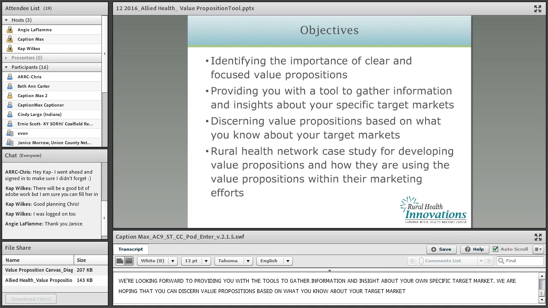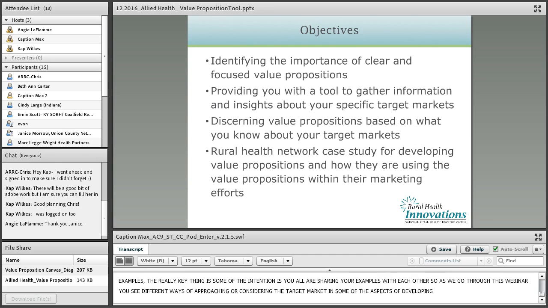And we'll spend some time throughout the presentation bringing in Rural Health Network case study examples, but really key is that you all are sharing your examples with each other so that as we go through this webinar, you see different ways of approaching or considering your target markets and some of the aspects of developing a value proposition that we'll be going over today.